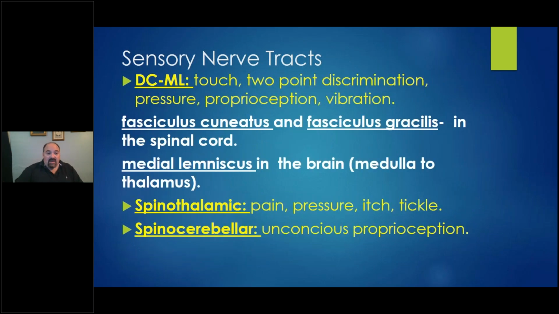I want you to know these, in yellow: the DCML, spinothalamic, and spinocerebellar. Spinocerebellar is for unconscious proprioception. Pain, pressure, itch, and tickle are all associated and very similar in presentation and input to the spinothalamic. The DCML is for touch, two-point discrimination, we talked about that in the fingertips, pressure, proprioception, and vibration. These are all very similar in their input, and they travel on the DCML.